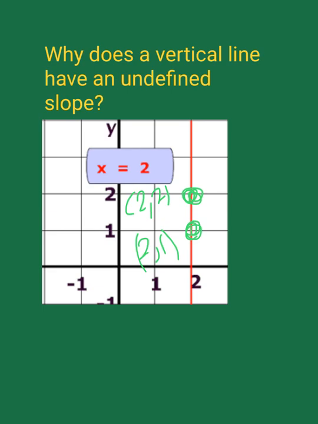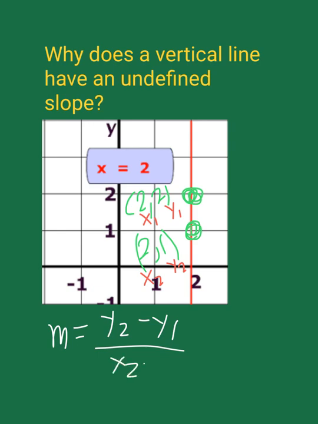All right, so let's go ahead and label. I don't know if I have enough room, but I'll try. We'll say this is x1, y1, x2, y2. And I guess we should write down the formula. m equals y2 minus y1 over x2 minus x1.